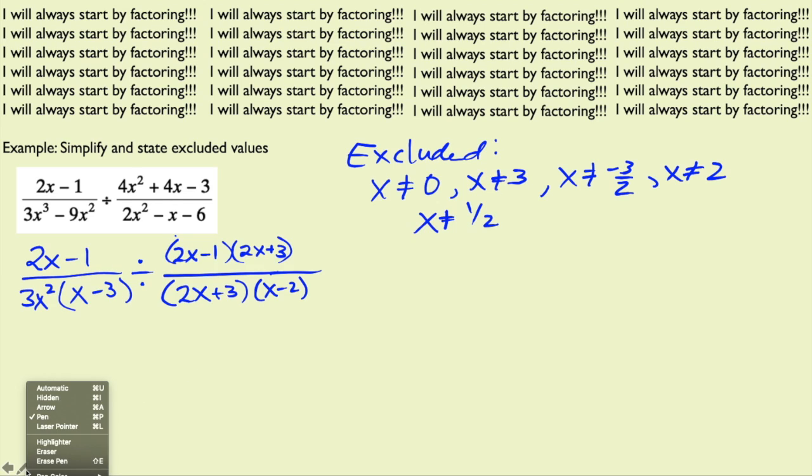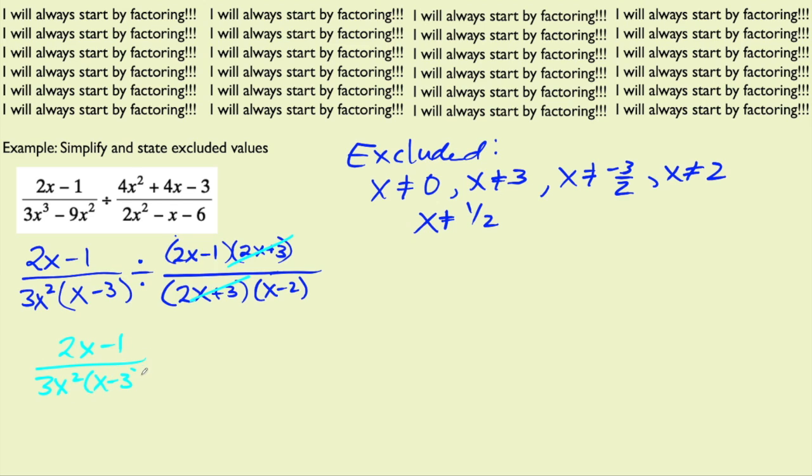So now we can go through and we can actually cancel things out before I flip. So if I look here, it looks like I can cancel out a 2x plus 3 and a 2x plus 3. Okay, so we can say bye to them. So now we rewrite it by flipping our divisor. So we get 3x squared, x minus 3. I'm going to multiply by flipping now, so x minus 2.